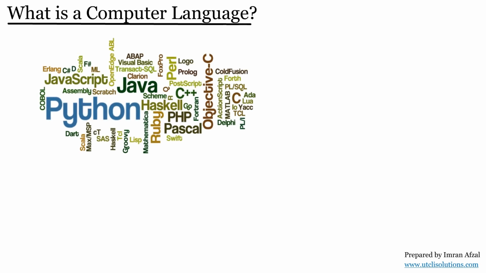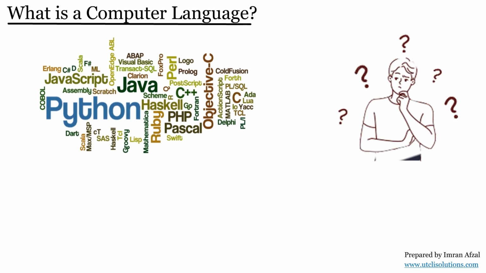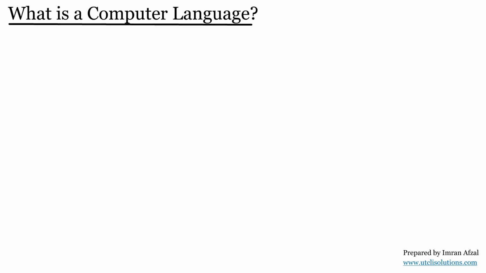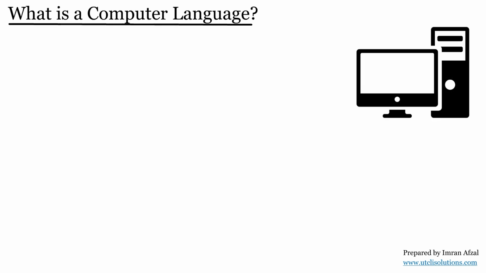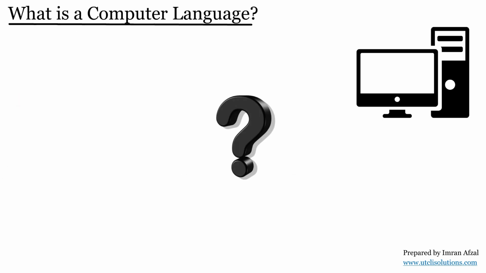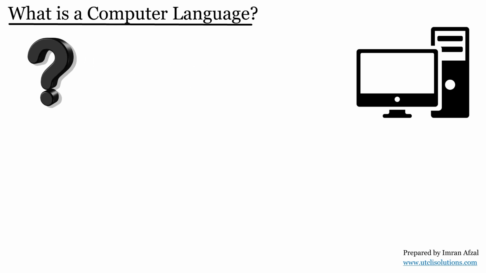You might be wondering why programming languages like Java, Python, Ruby, and so on are necessary if computer already has its native binary language. That's an excellent question. Now, allow me to clarify one thing.